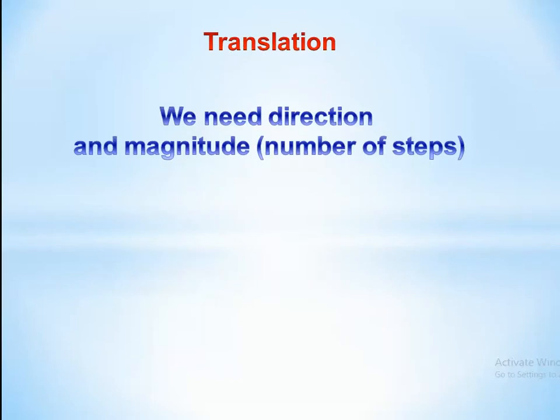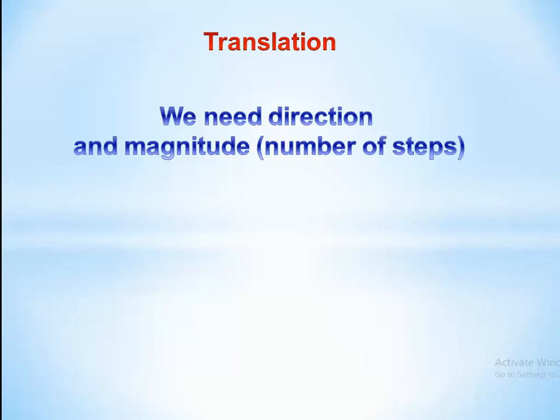Okay, to make any translation we must have direction. You must tell me the direction, okay, and magnitude. Magnitude is the number of units or number of steps you will move. Like when I told you to move to the right, so I determined the direction, to the right. 4 steps to the right, so you will move 4 steps to the right.